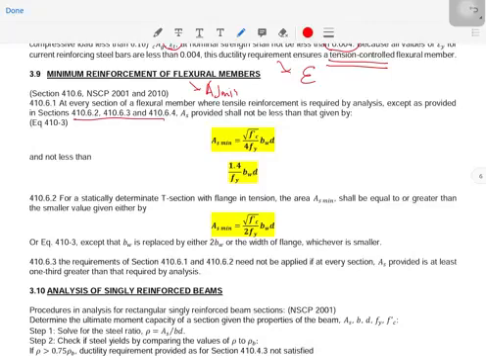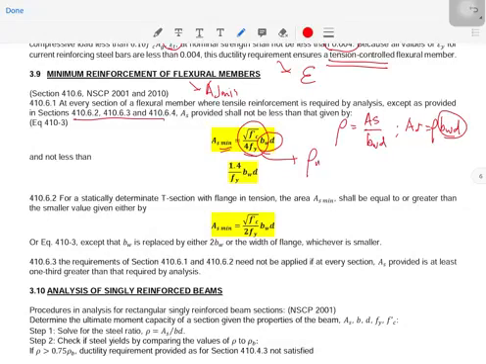Okay, if we recall that our steel ratio is equal to As over bwd, so if we multiply that, we have As is equal to rho times bw times d. So therefore, for this equation, we have As minimum, so we have rho minimum.